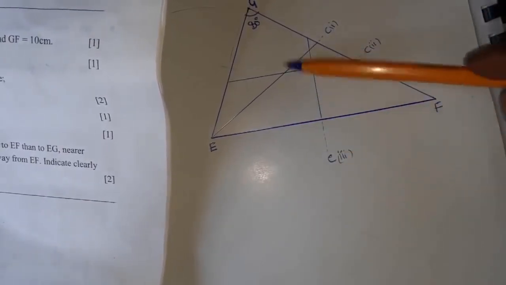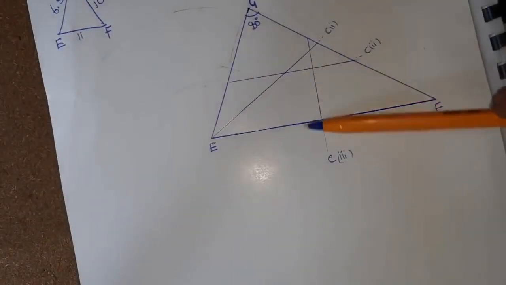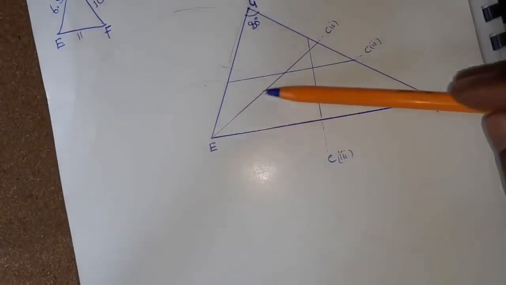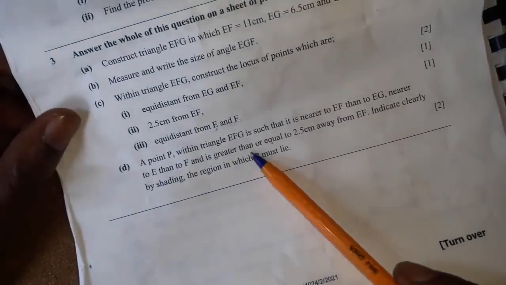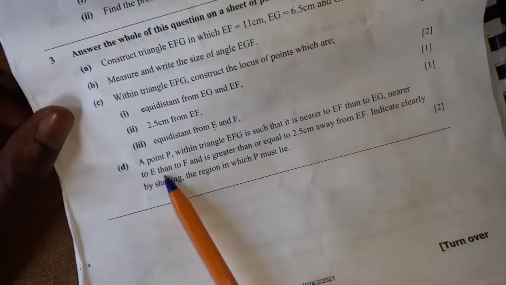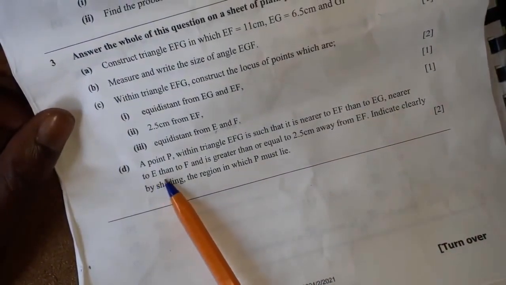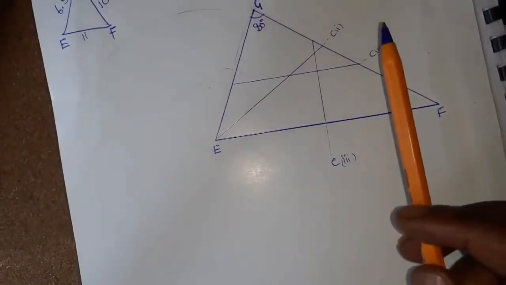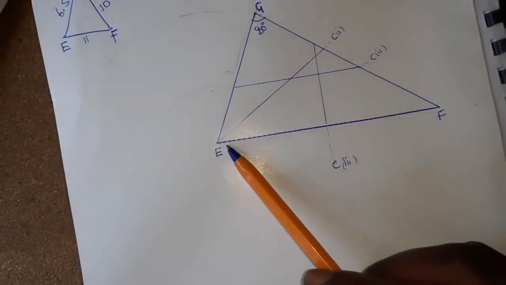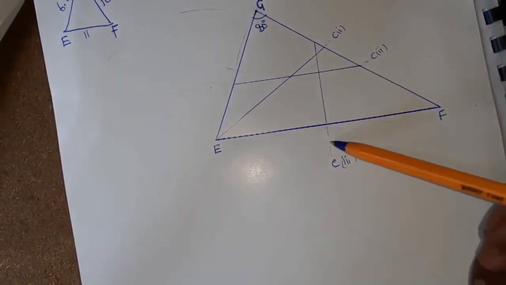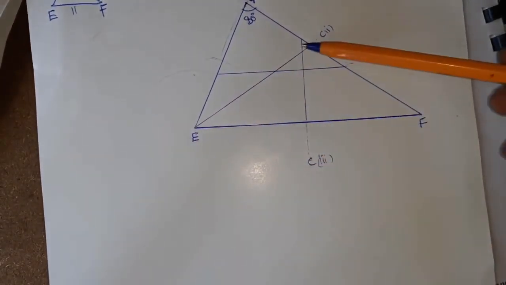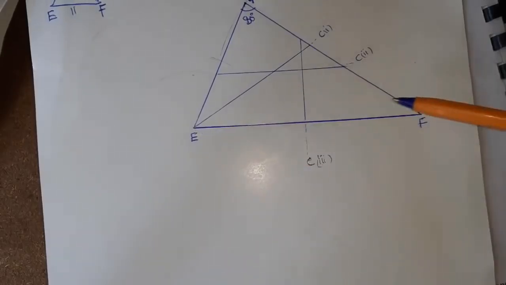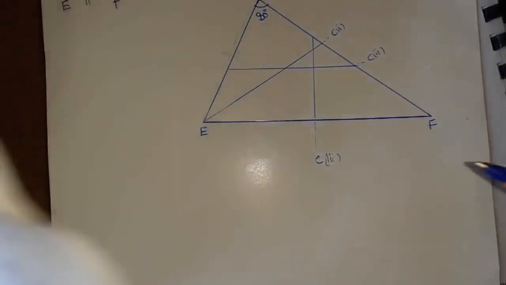Okay? Meaning it is this side, nearer to EF. Then nearer to E than F. So we are considering this one, so it is this side. When we are looking at this line here, nearer to E than F, so we are looking at this side.